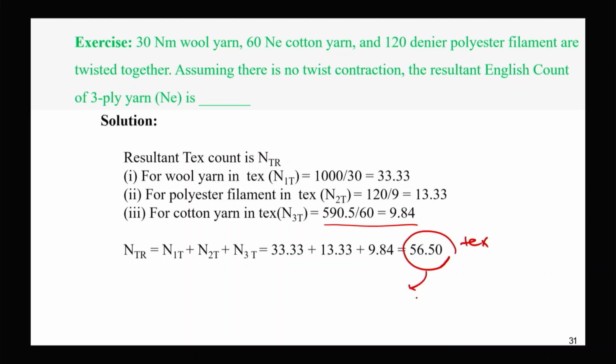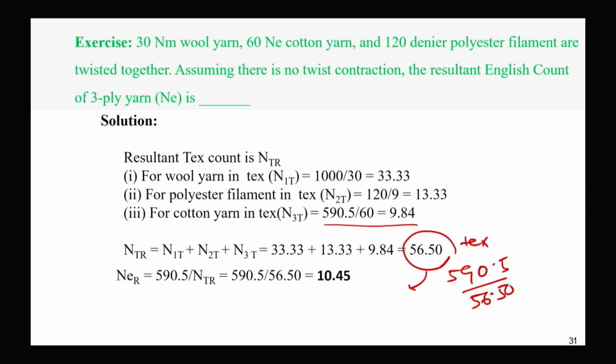Again we have to convert it to English count, so 590.5 divided by 56.50 will become 10.45.